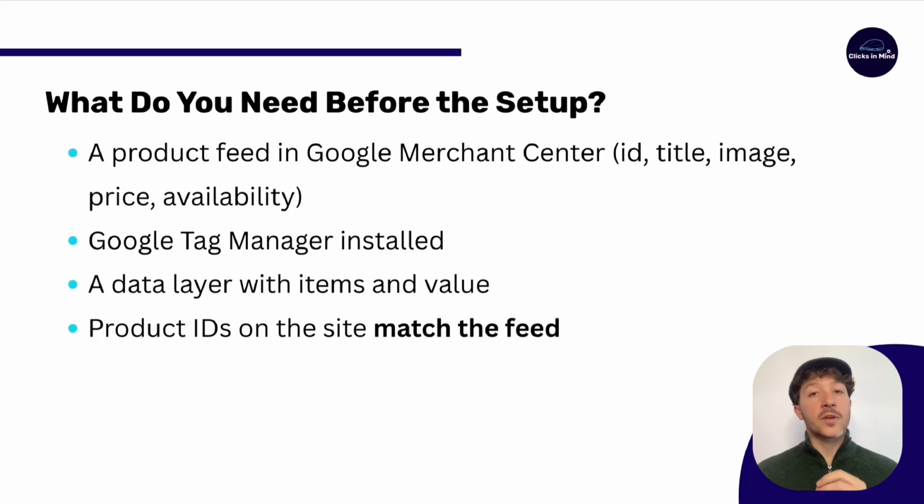This is where your shop can communicate that, for example, someone has added things to the cart and also which items and what's the value of them. And inside the data layer and your merchant center feeds, there are supposed to be product IDs. And in order for the dynamic remarketing to work, they have to match exactly so that in the end, the product which was added to cart can be shown in an ad.